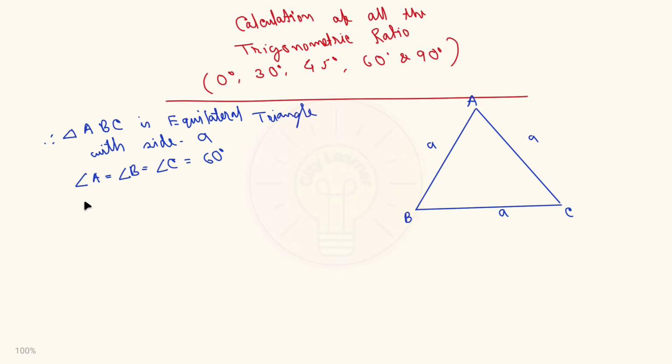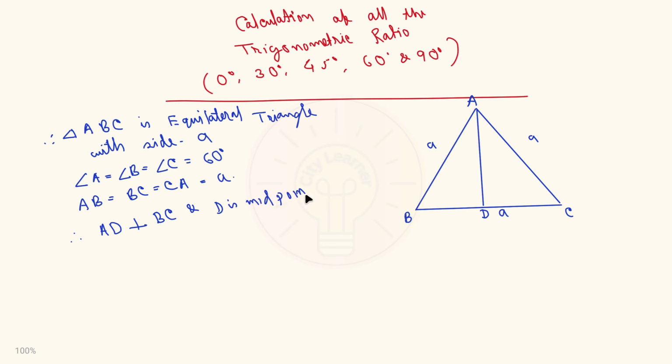So now we have to draw a line from point A to the line BC at point D, and D is the midpoint of BC. This line AD is perpendicular on the BC line.